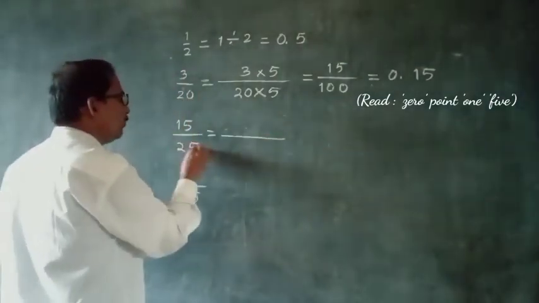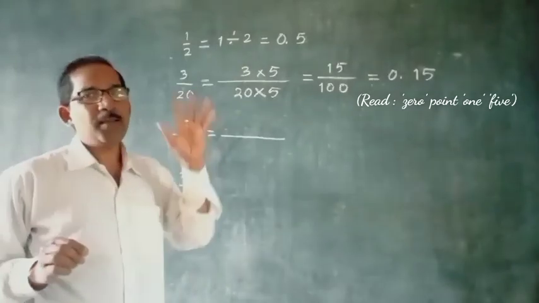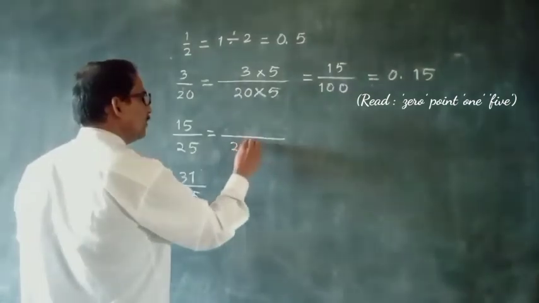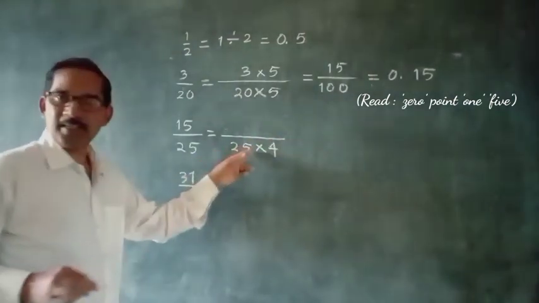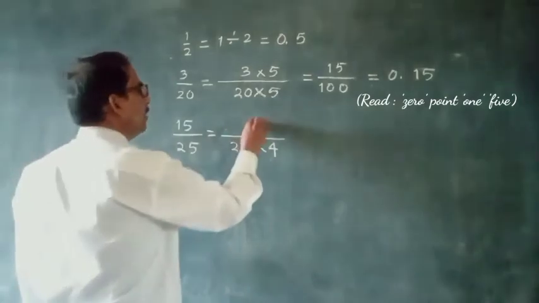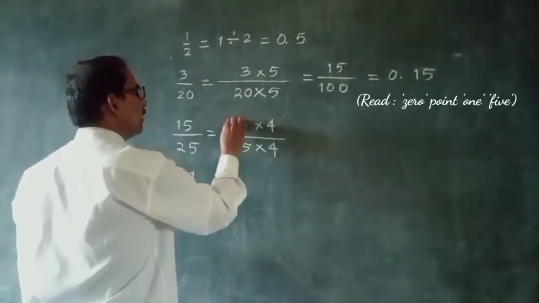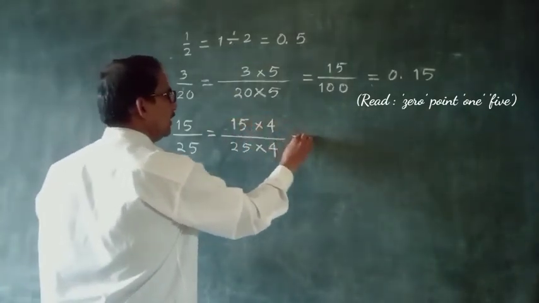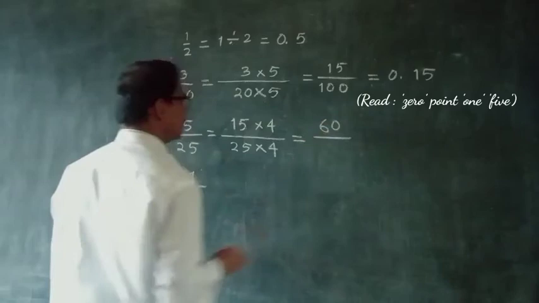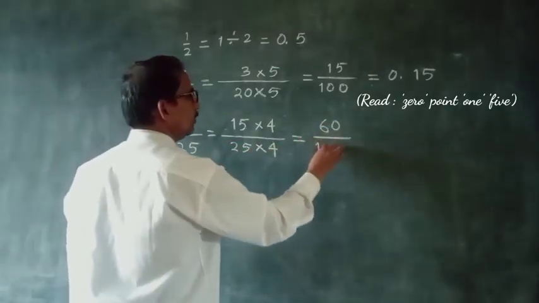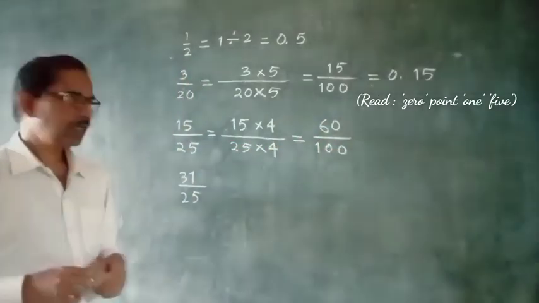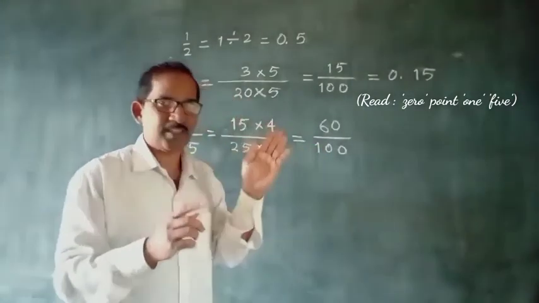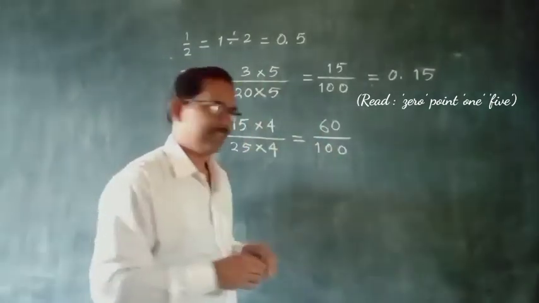So you have to make 25 a multiple of 10, that is 100. 25 multiplied by 4 will be 100. And this 4 will be multiplied in the numerator, that is with 15. 15 into 4 is equal to 60. 25 into 4 is equal to 100. Two zeros are there, that is why after two digits from the right you have to put the decimal point.